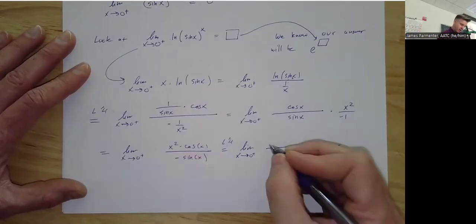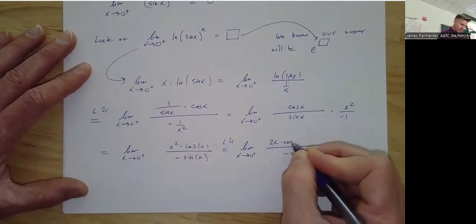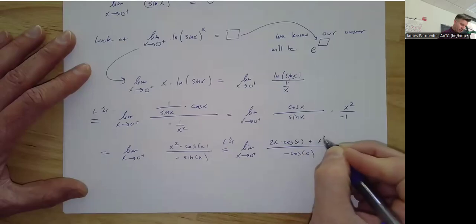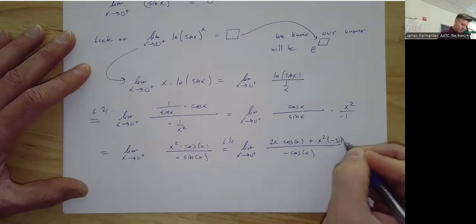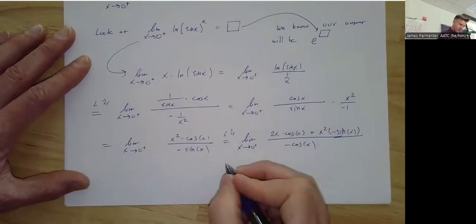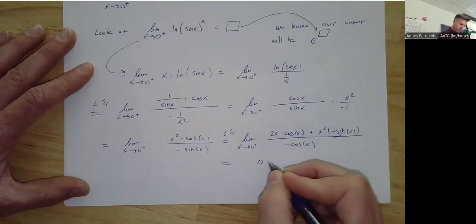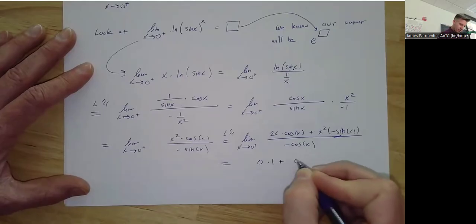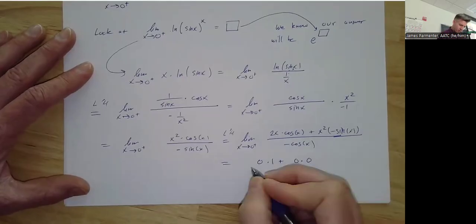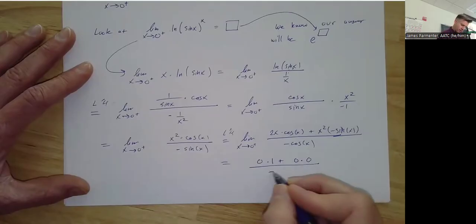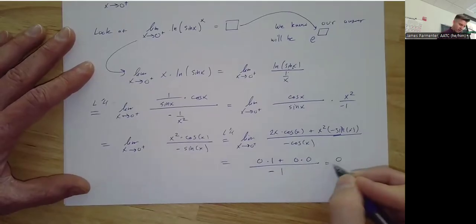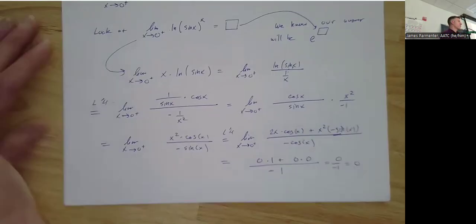Product rule on the top, you're going to get 2x times cosine of x plus x squared times negative sine of x. And if we plug in 0, we get 0 times cosine of 0 plus 0 times sine of 0, over negative cosine of 0, which is -1. We get 0 divided by -1, which is 0.